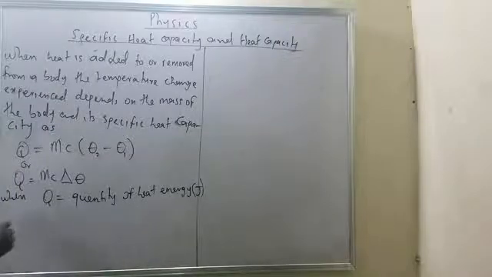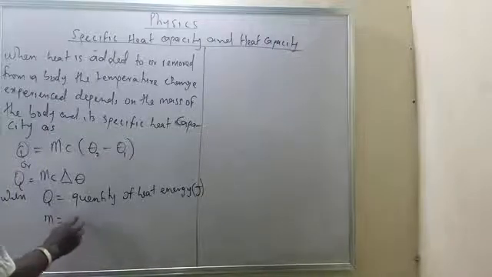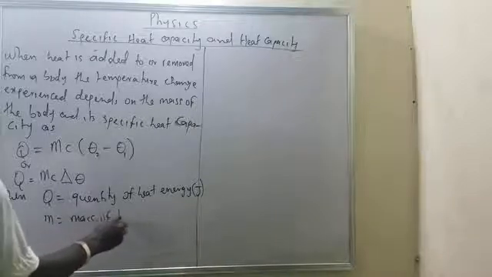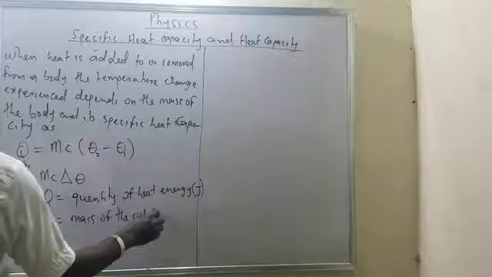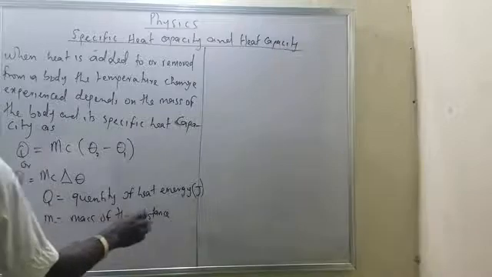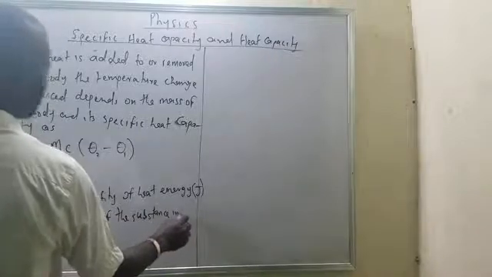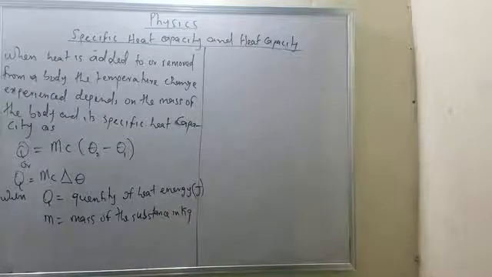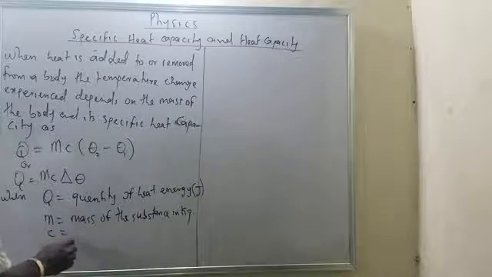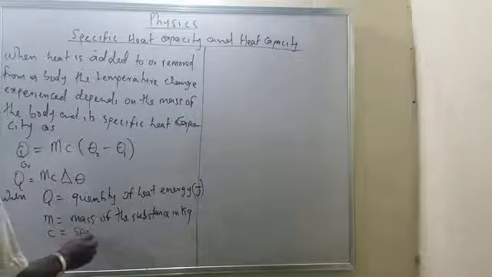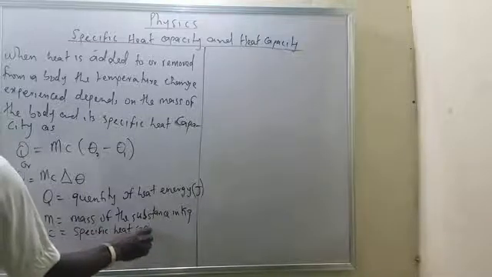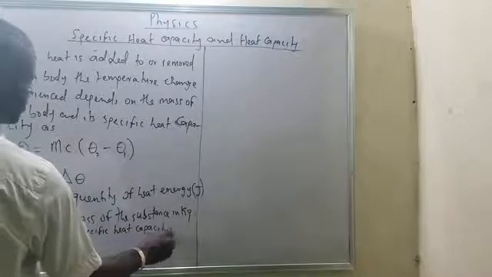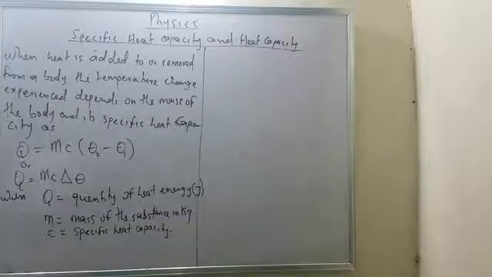Now, my M is talking about the mass of the substance, in kilogram. And also we have my C, which is known as specific heat capacity.